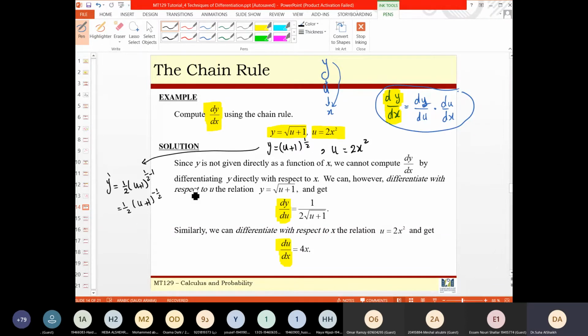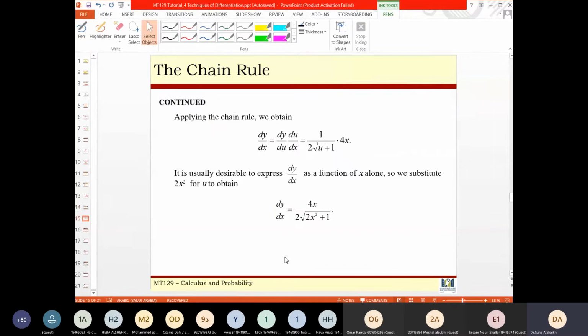Minus half means it goes down as a root, so it's 1 over 2 root of u plus 1. And here it is. Okay, what's the derivative of u? It is 4x. Multiply this with this, and this will give us the answer, which is dy by dx.